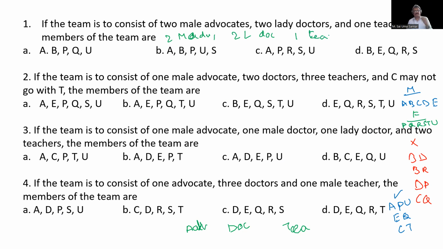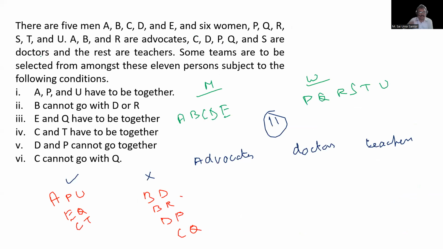APU is there. 2 male advocates, AB. Let us consider that as advocates, because we don't know who the advocates or lawyers are.